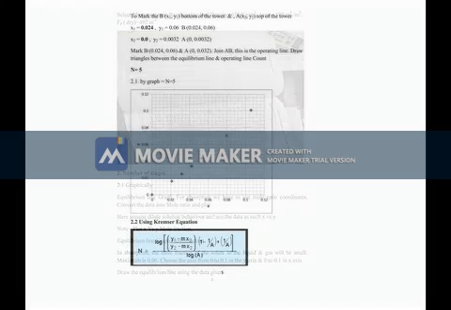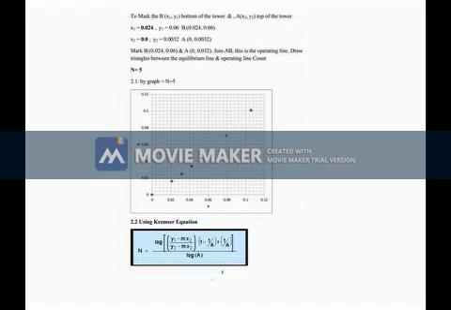Now coming to the data. What is given? The feed gas is supplied at the rate of 1000 kg per hour, and the liquid rate is 1500 kg per hour. That is the mass flow rate, but what we require is in terms of moles.